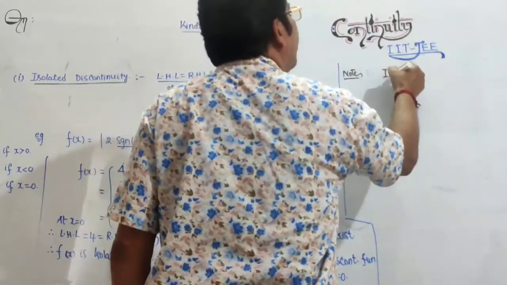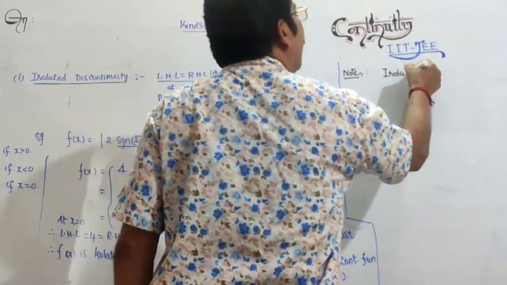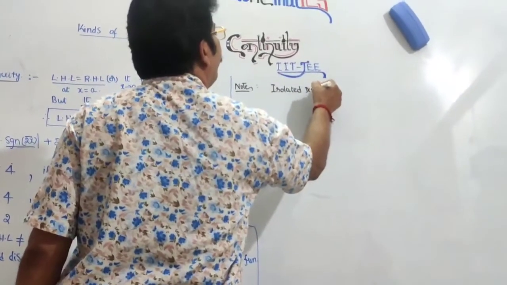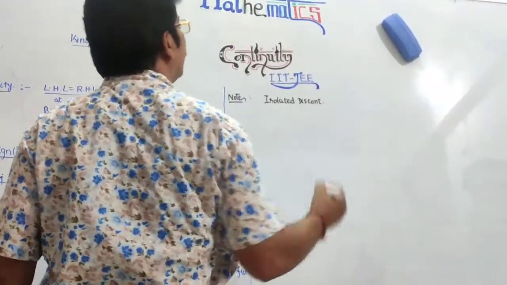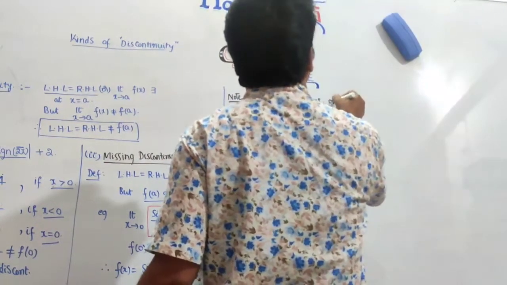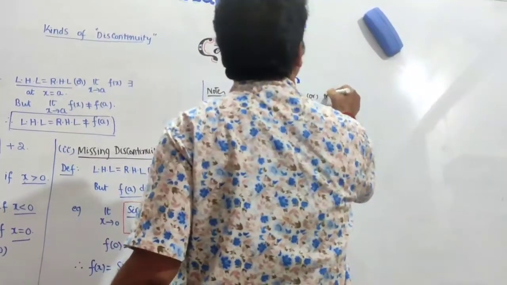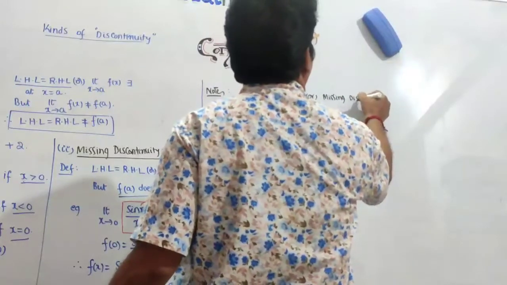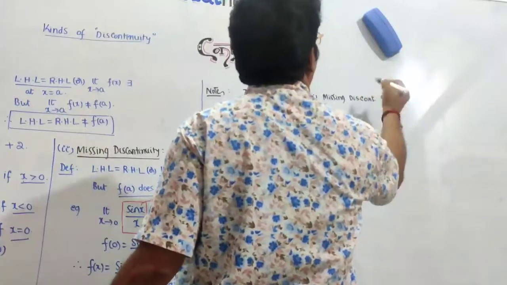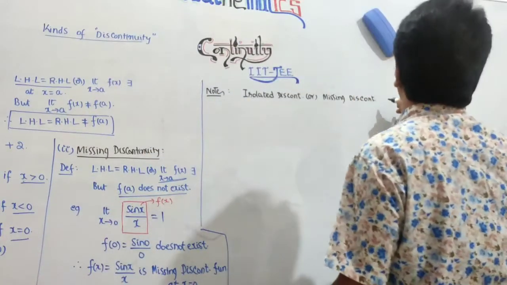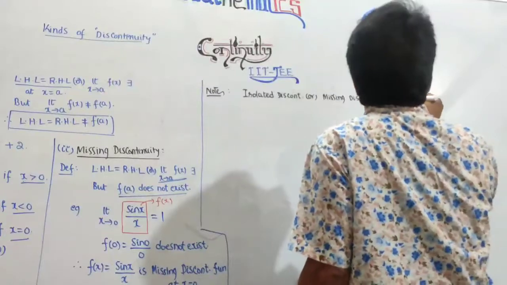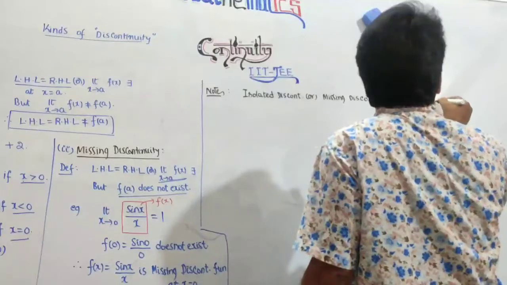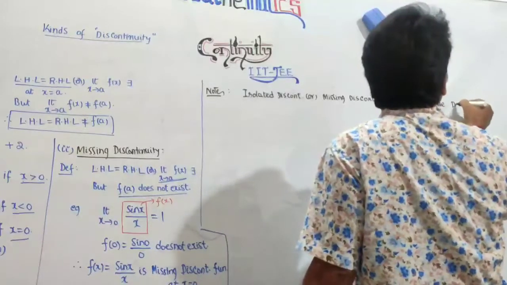Either isolated discontinuity or missing discontinuity is called removable discontinuity.